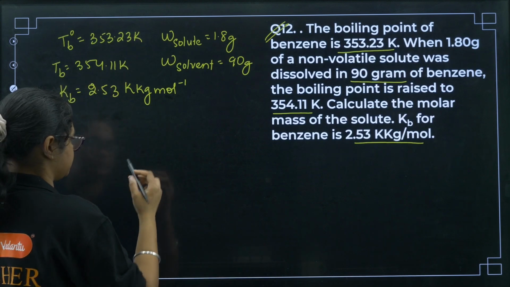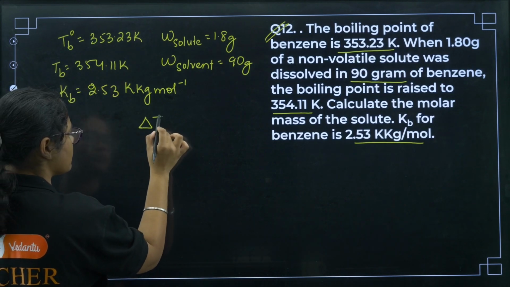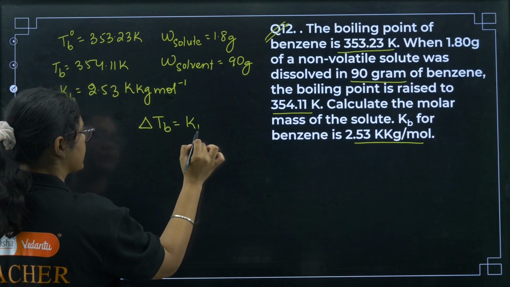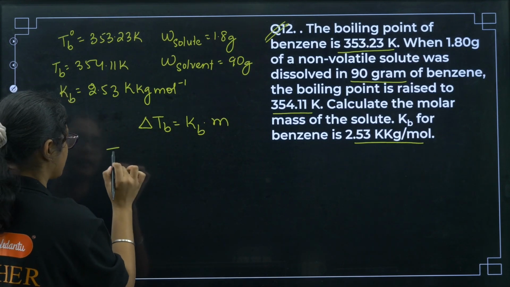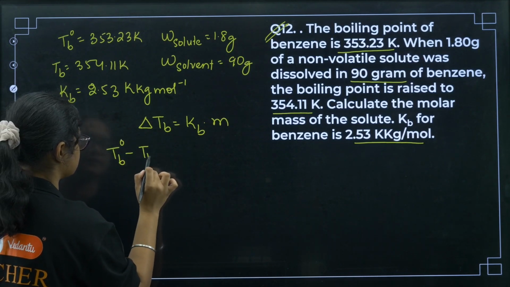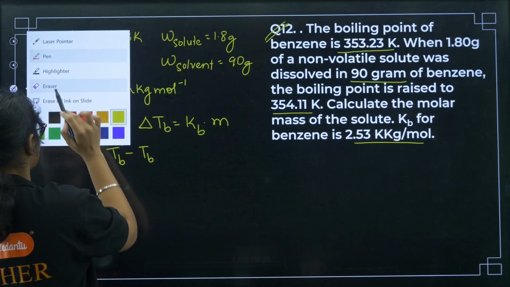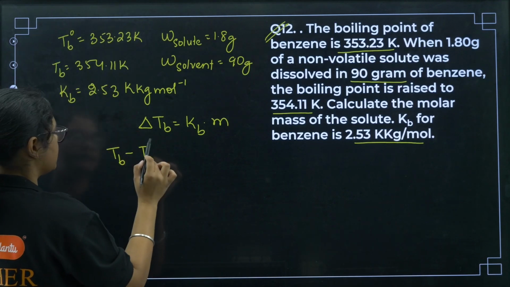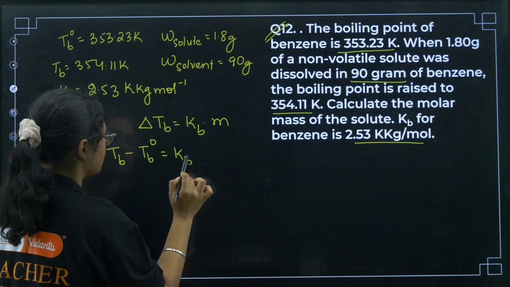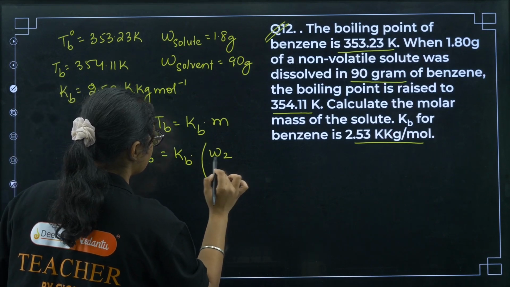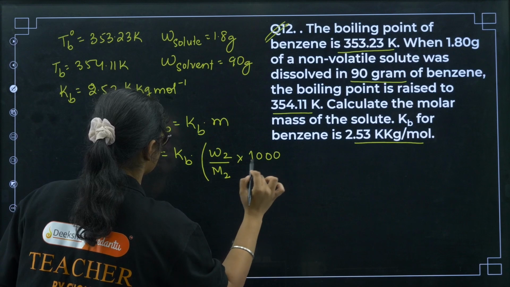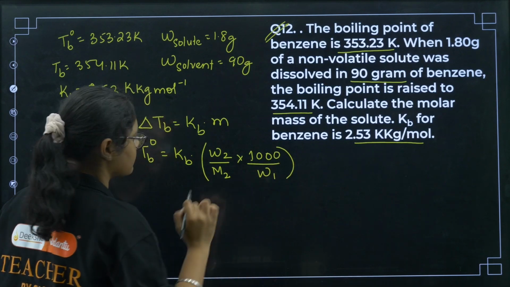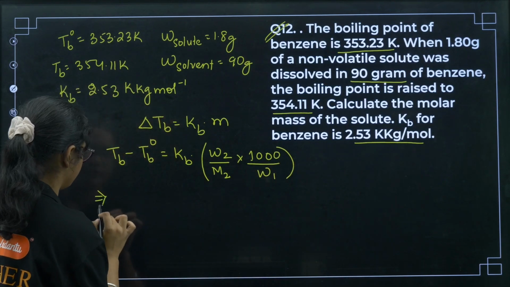Now let us do the question. We have this very simple formula, delta Tb is equal to Kb into m. If I want to extend this formula, delta Tb will be equal to Tb minus T naught B is equal to Kb into m, which will be W2 by m2 into 1000 by W1. Let us just substitute all the values.